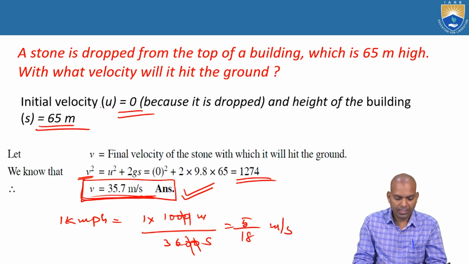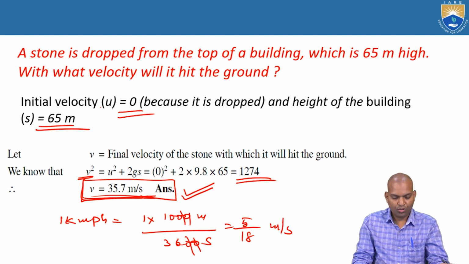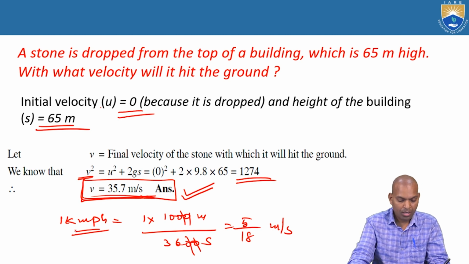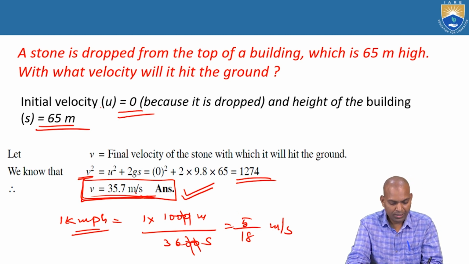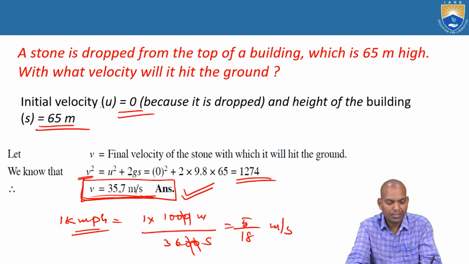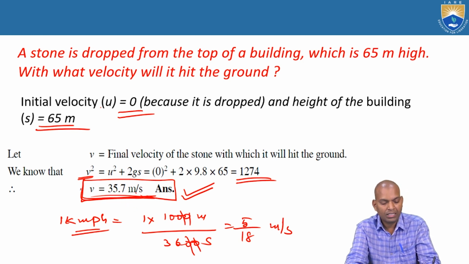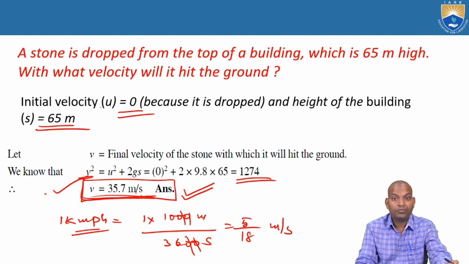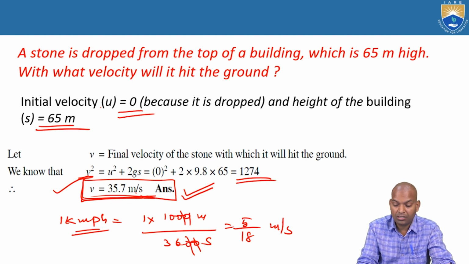So 1 meter per second equals 18/5 kmph. To convert meters per second into kilometers per hour, multiply by 18/5: 35.7 × 18/5 gives the speed in kilometers per hour with which the stone is hitting the ground.